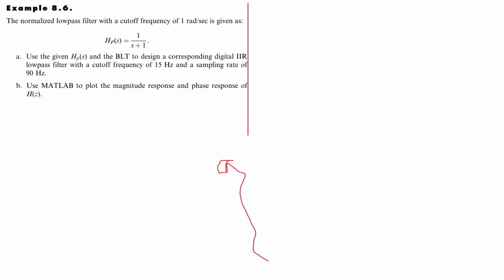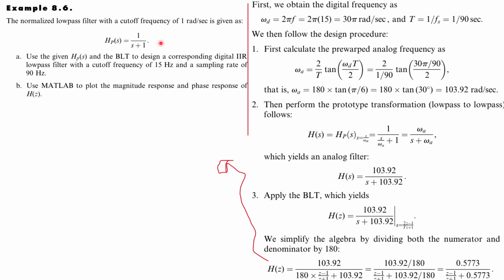Okay, so some questions you can check. Since the session is a bit longer, I'm going quickly. So here you have to design a normalized low pass filter where H(s) is given, first order only, and then find out steps 1, 2, 3 here. First step, you have to calculate the pre-warped analog frequency using this equation.